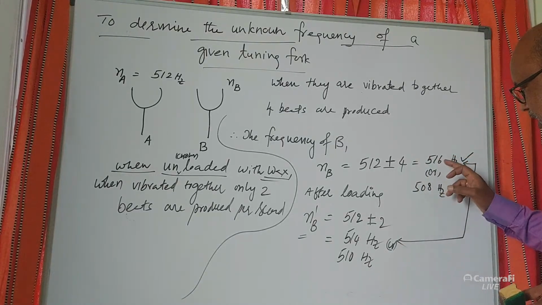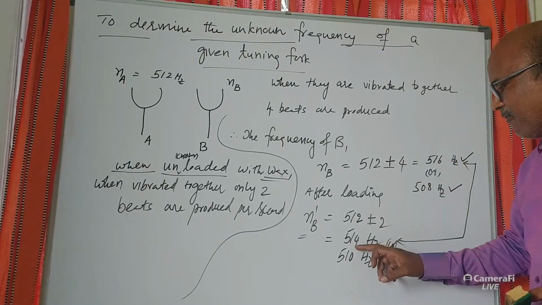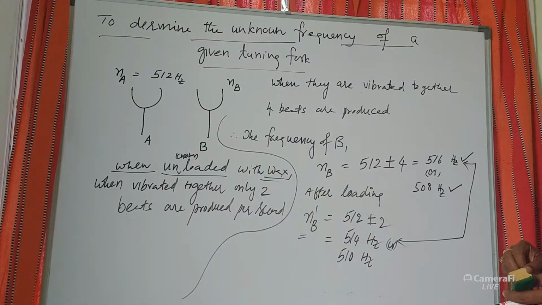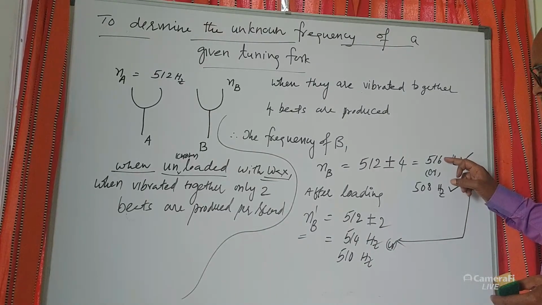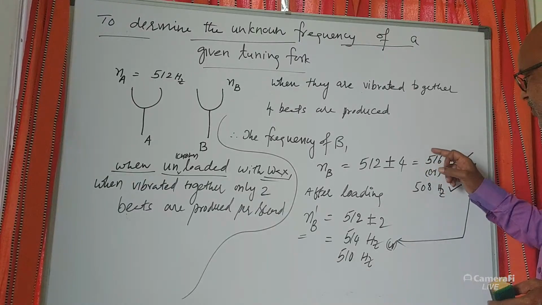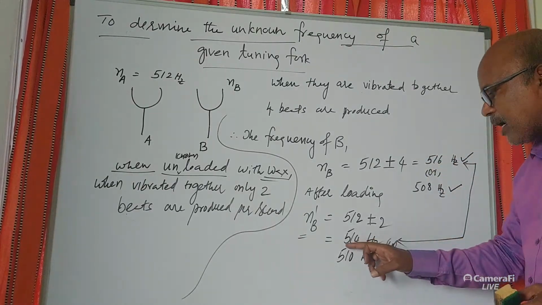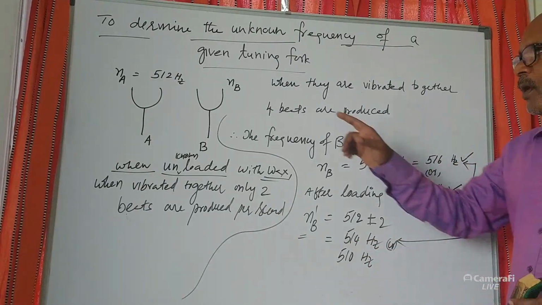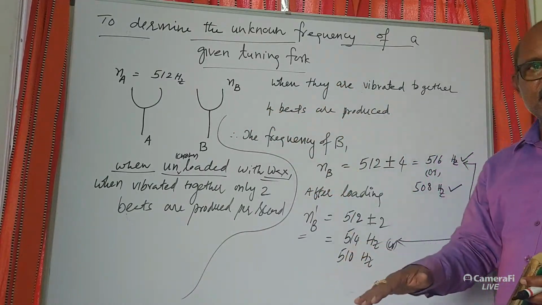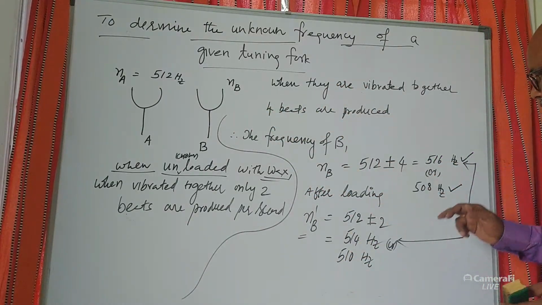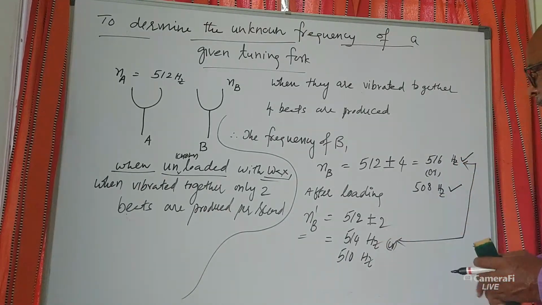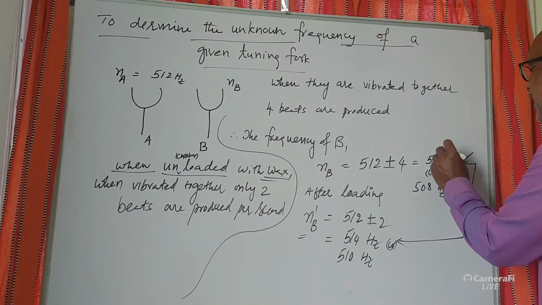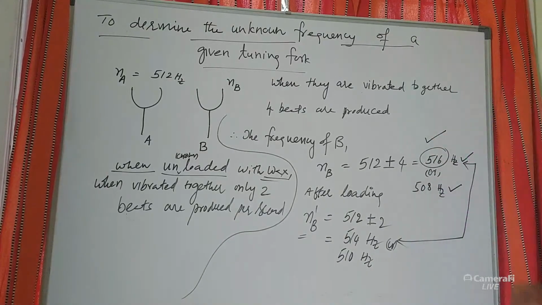After loading, this 516 becomes 514. The frequency of B before loading is 516, after loading it becomes 514, which means when B is loaded with wax, the frequency has decreased from 516 to 514. So this is the right answer.